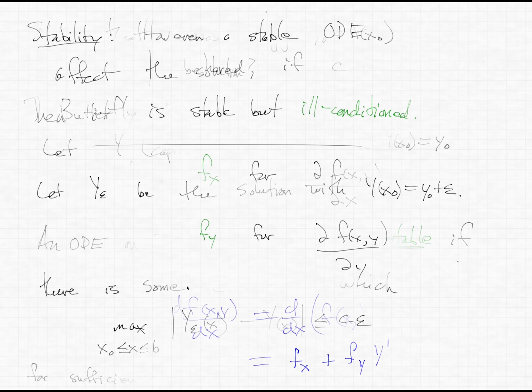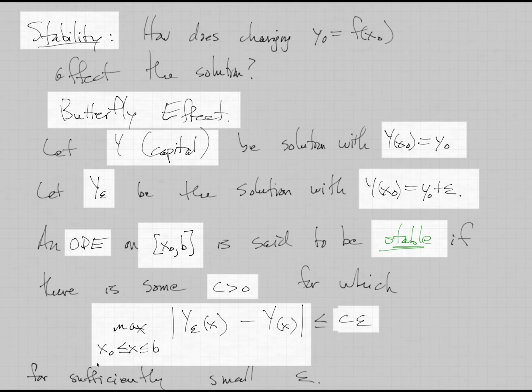And I should say that this is under the assumption that epsilon is sufficiently small. We don't require this for every conceivable epsilon. We don't require it when epsilon is equal to 1,000,000, for example. But we just say that this should be true for sufficiently small epsilon, right? So at least in some neighborhood of 0, this should be true.